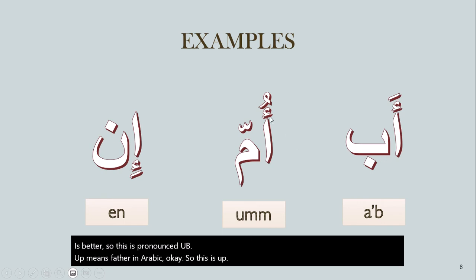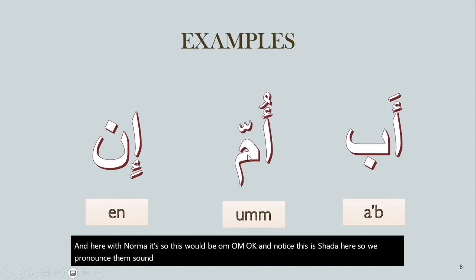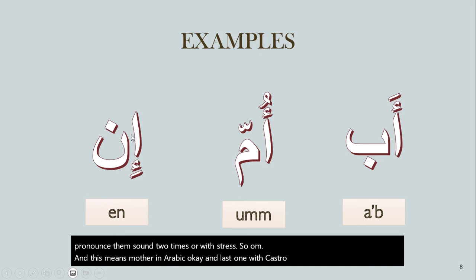And here with dhamma it's u. And notice this is shadda here, so we pronounce the sound two times, or with stress. And this means mother in Arabic. And the last one with kasra is e, so this is pronounced in.